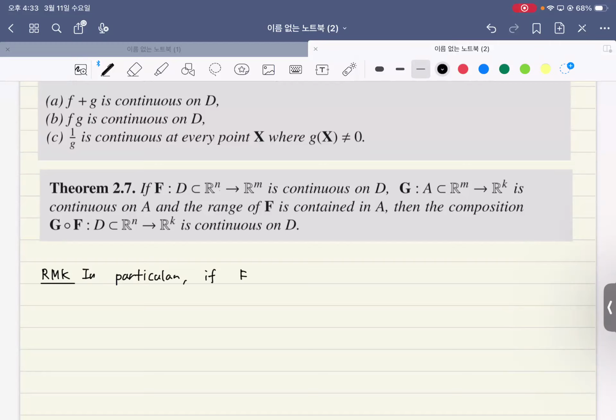Suppose that you have a function and that it is continuous at this point. Then for any curve, continuous, I should say path.